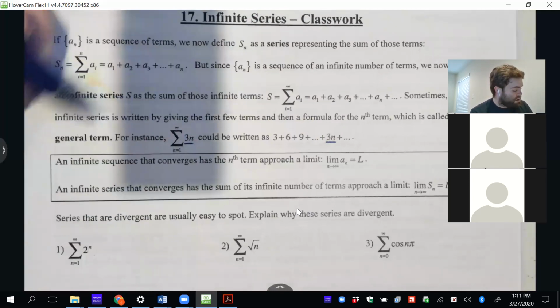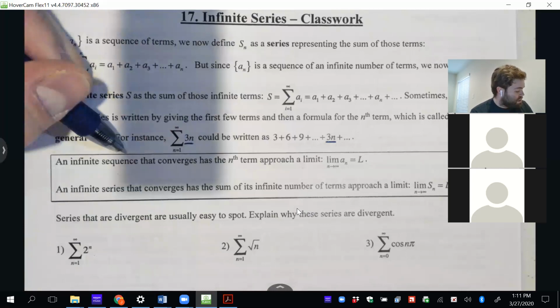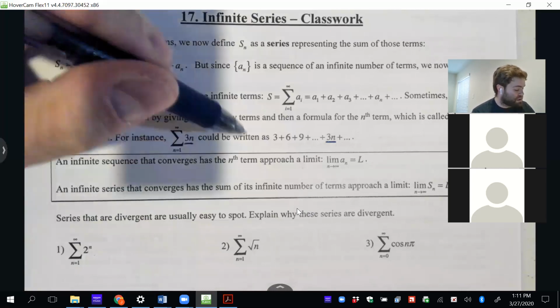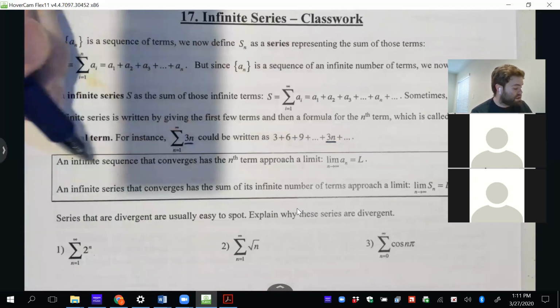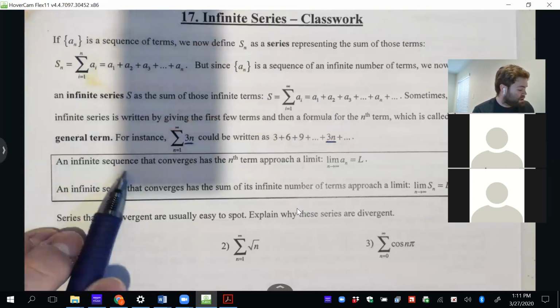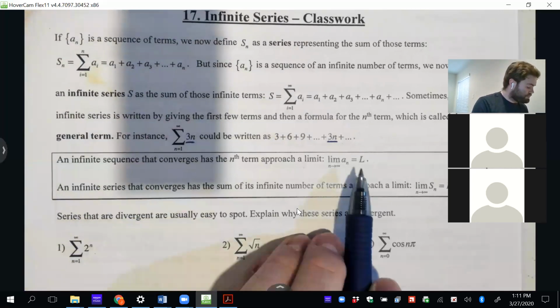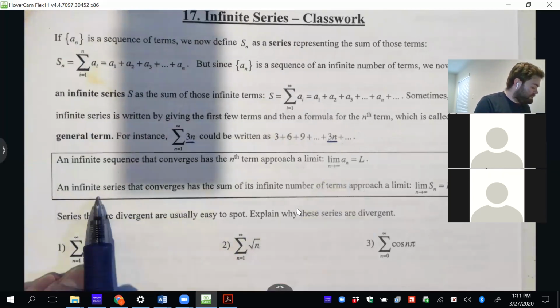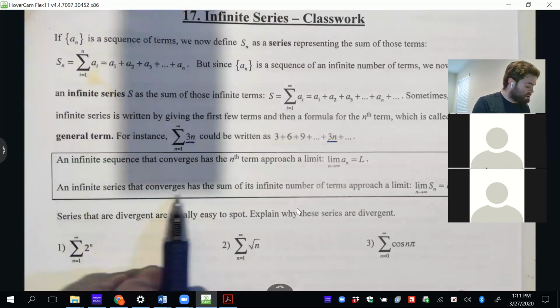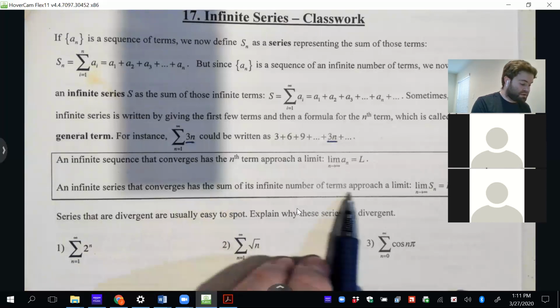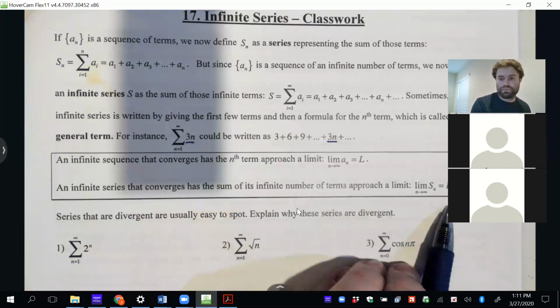An infinite sequence that converges has the nth term approaching some actual limit. An infinite series will only converge if the sum of that infinite number of terms approaches some limit.